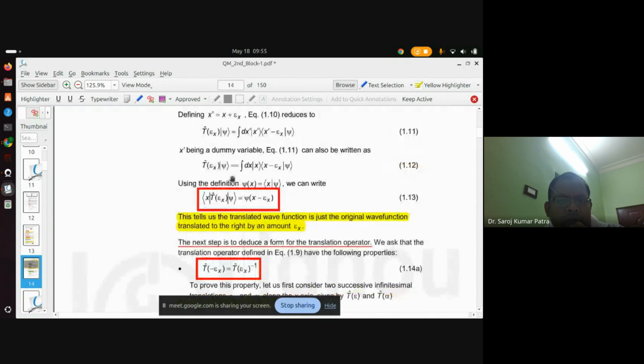So if we use the same definition again, psi of x is equal to <x|psi>, then the transformation T epsilon x psi will be equal to psi of x minus epsilon x.